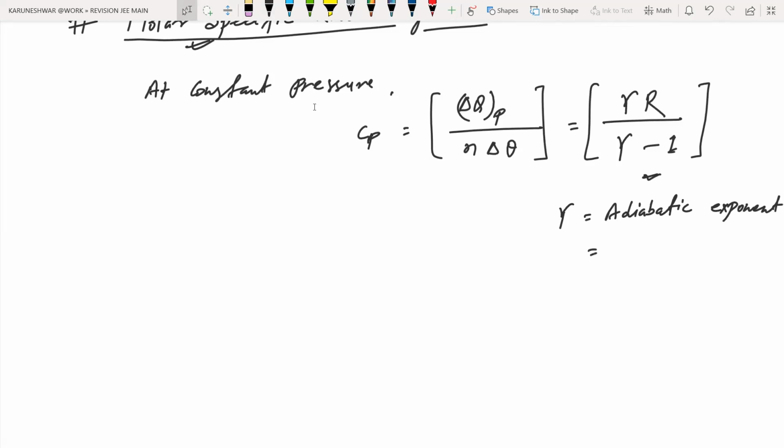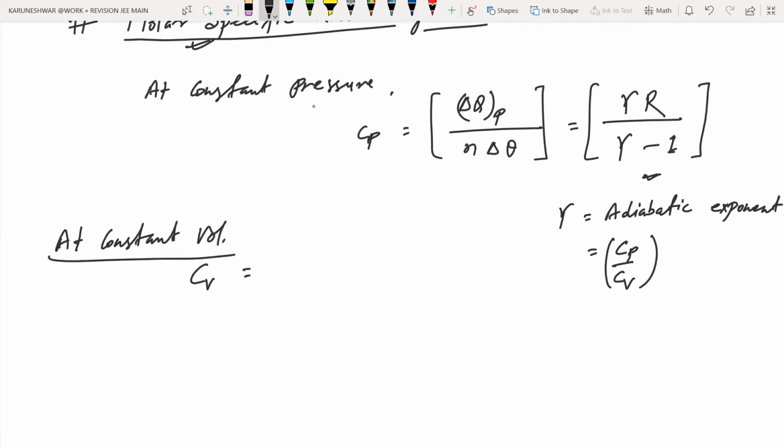Mainly, for gamma we have one relation: it is Cp by Cv. Cp I have written here, and once you go for Cv, it will be at constant volume. Whenever we go for constant volume and constant pressure, we have Cp and Cv, which are called molar specific heat.